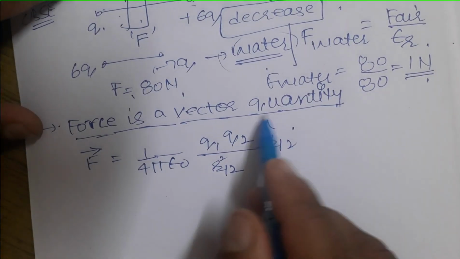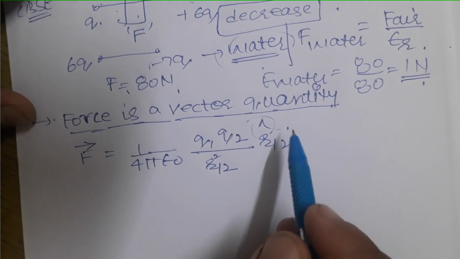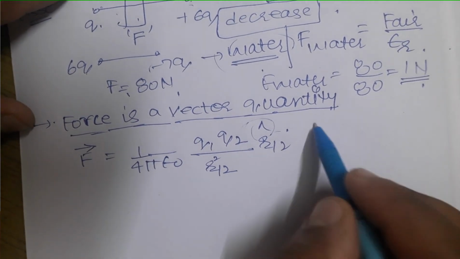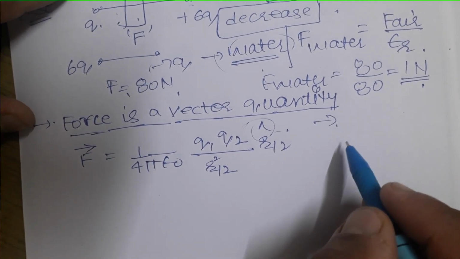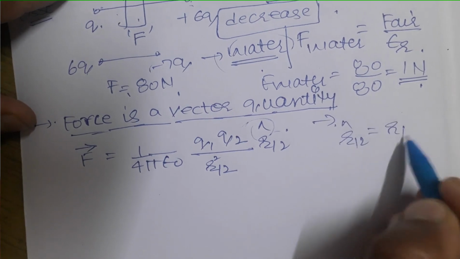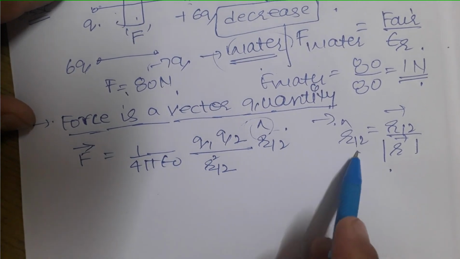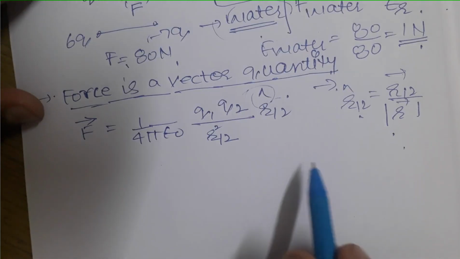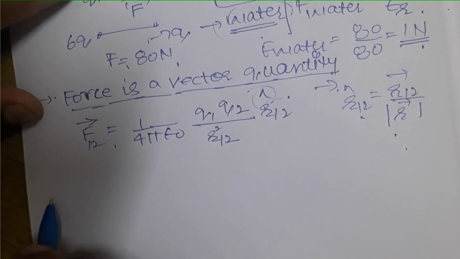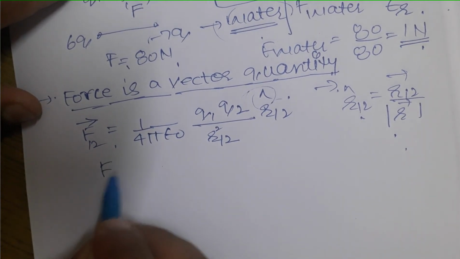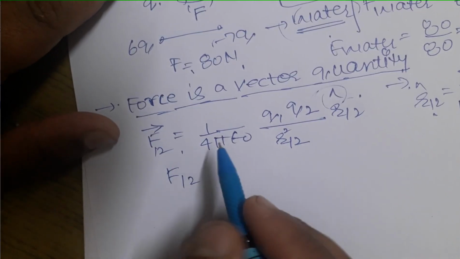No problem. I will write 1 by 4 pi epsilon naught, first charge, second charge, distance between first and second squared, with the unit vector. What is this? You know that cap means unit vector. And how do you define unit vector? It is defined as a vector divided by its magnitude.